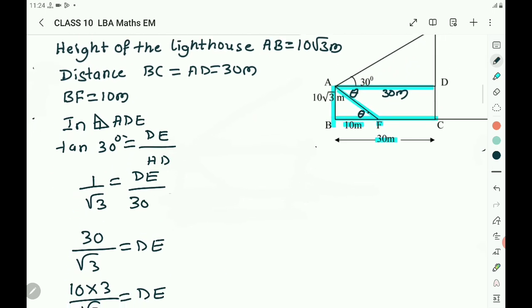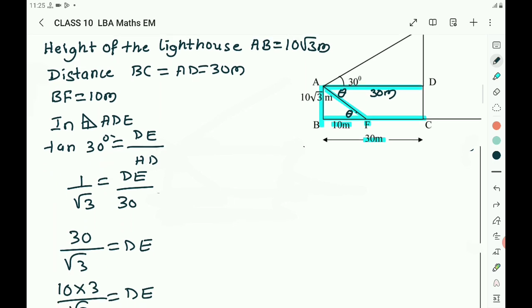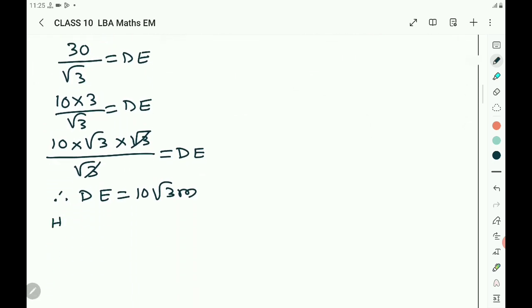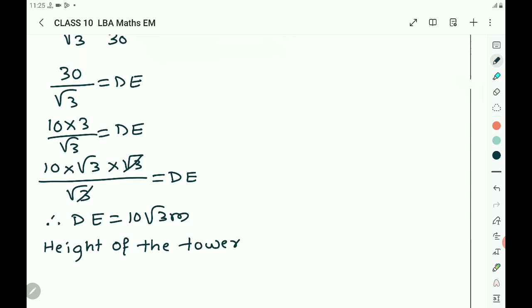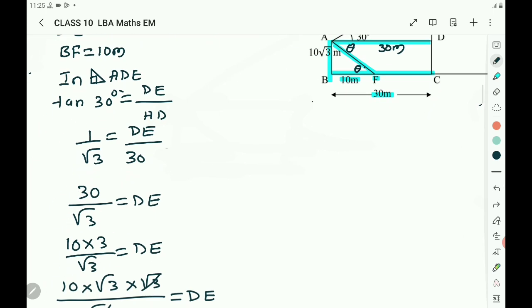Then EC is the height of the tower. EC is equal to what? DE plus DC, which is 10 root 3 plus 10 root 3, equals 20 root 3. Then you write height of the tower equals ED equals DE plus DC.